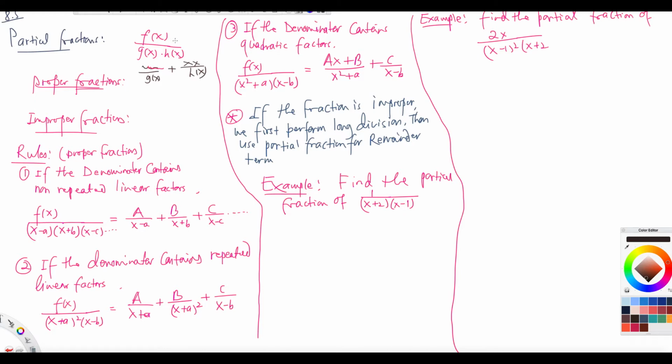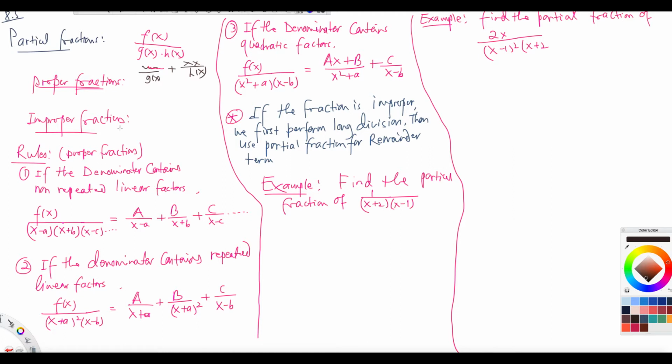When is a rational function proper, and when is it improper? It is proper if the degree of the denominator is bigger than the degree of the numerator, meaning there is a bigger exponent in the denominator than in the numerator. But if the degree of the numerator is bigger than the degree of the denominator, or if the degrees of the top and bottom are equal, then we call it an improper fraction.